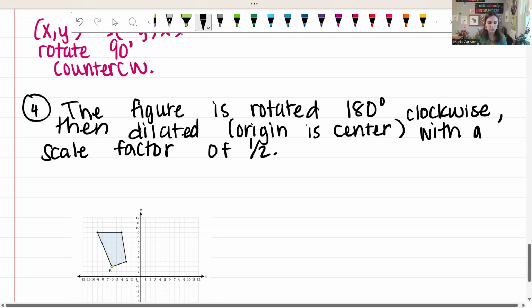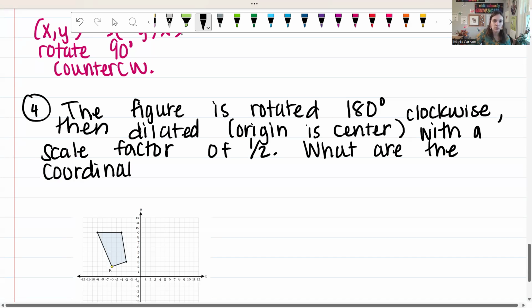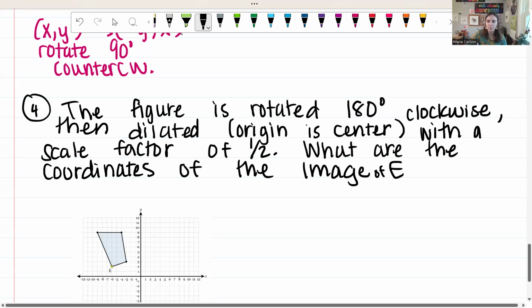What are the coordinates of the image of E, sorry, because E is in the pre-image. So what are the coordinates of the image of E after these transformations?